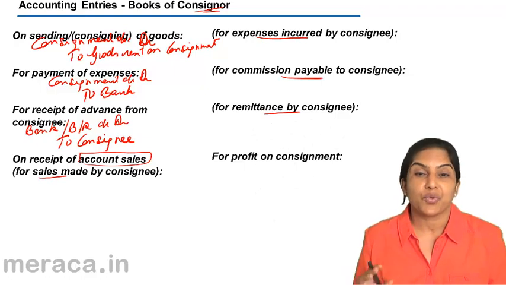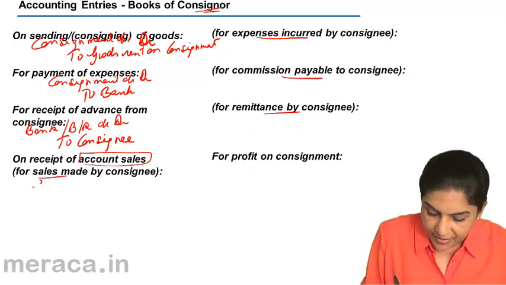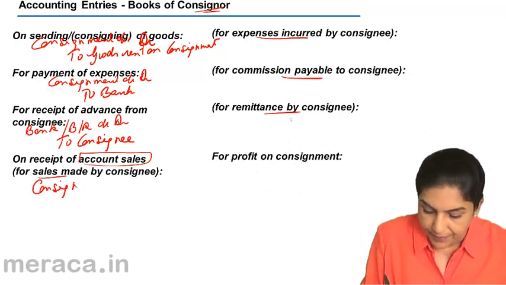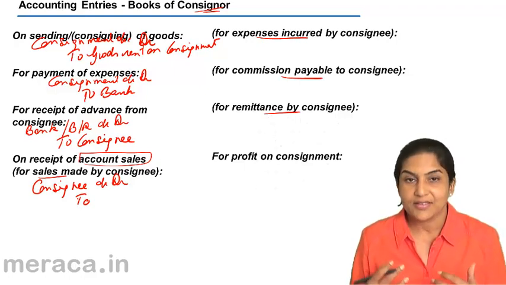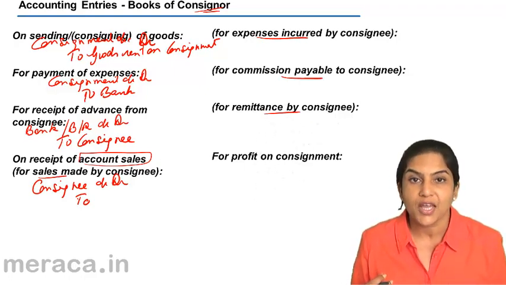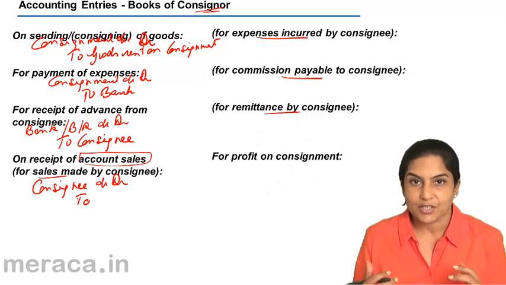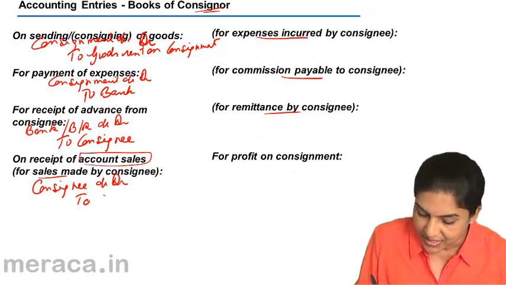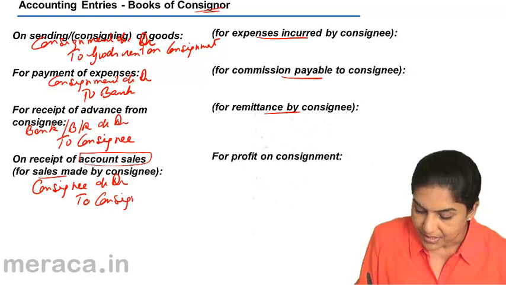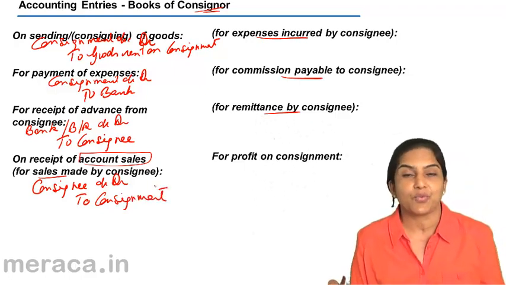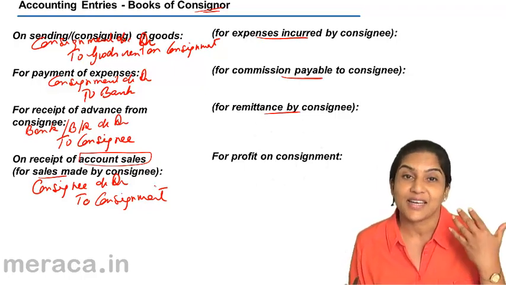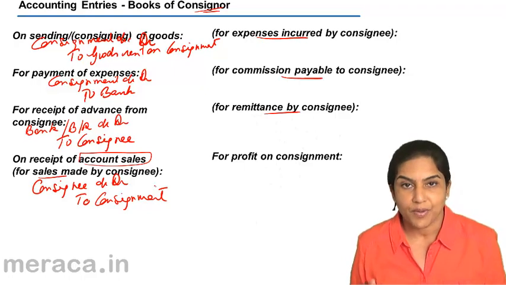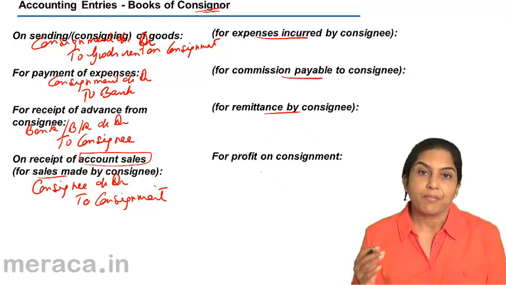The money is lying with the consignee. So our entry would be to debit consignee account, because this money now the consignee has to pay to the consignor. This is a receivable in the books of the consignor. He has to collect this money from the consignee. So consignee account debit to consignment. Consignment account is credited with the sales value.